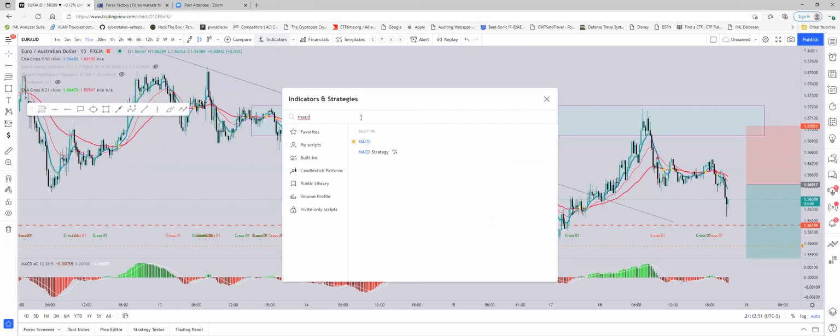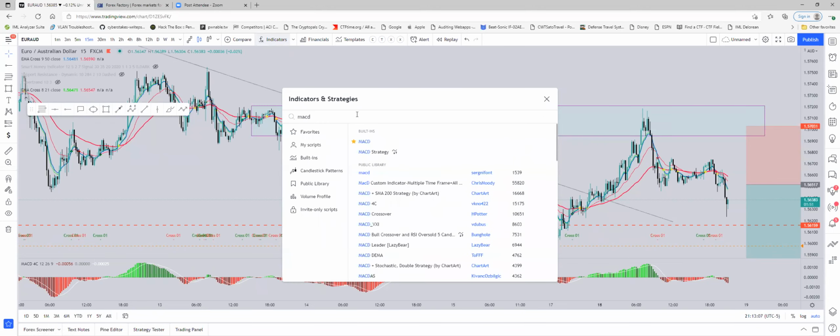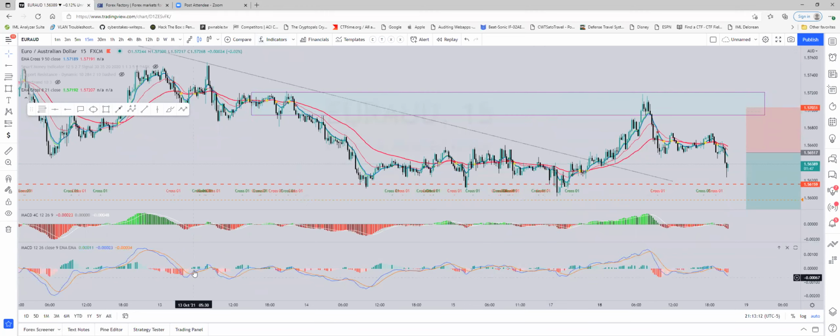The one I use is the MACD 4C, and I'm not sure what's going on with my TradingView tonight, but this is the one I use by VKNO, 4-2-2 plus signal line minus water. Some people just like using the basic MACD, which is this one. I prefer the MACD 4C. It's just easier for my eyes. It's much cleaner, but you can use either one of them.